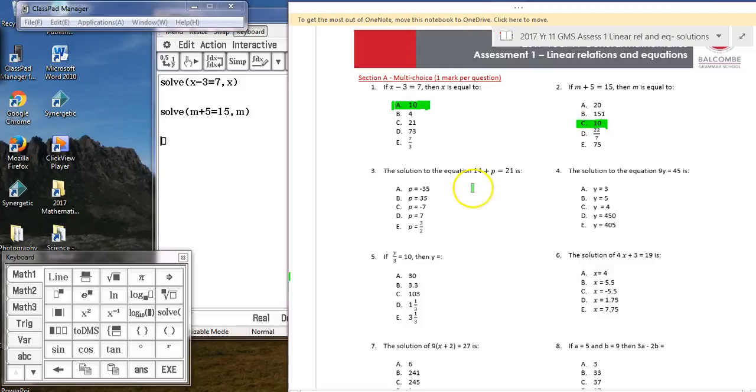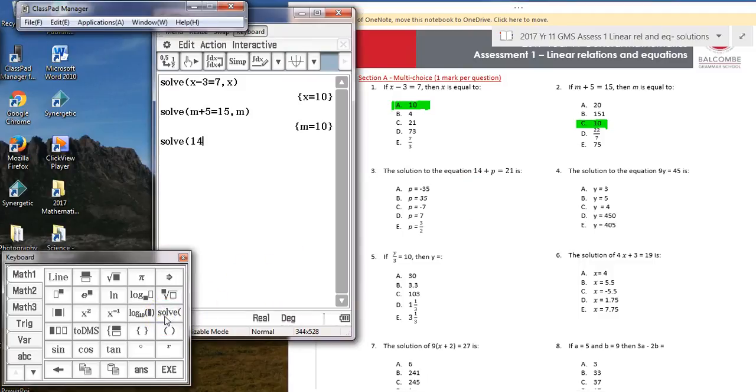Okay, and so on and so forth. So the next one's 14 plus p equals 21. We're trying to find p, gives us 7.